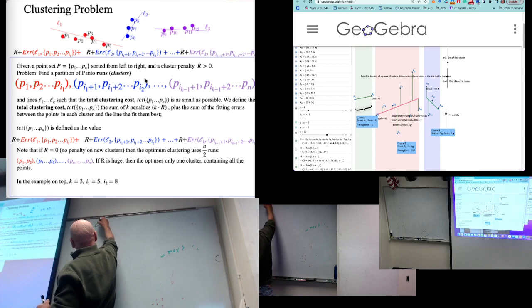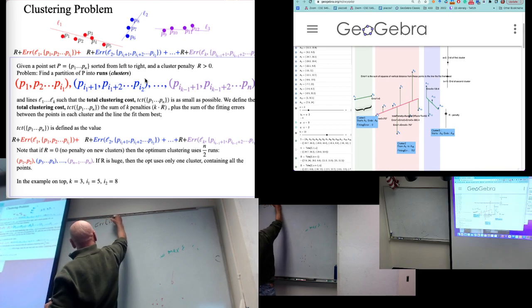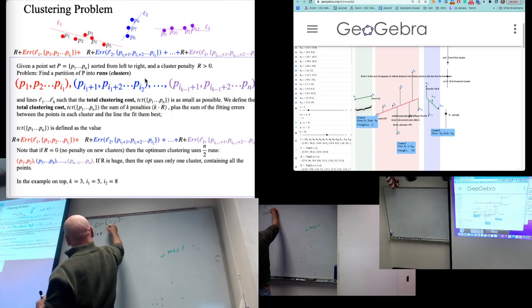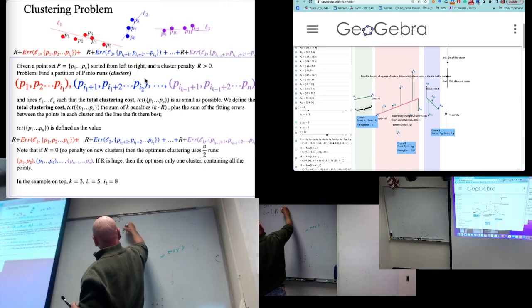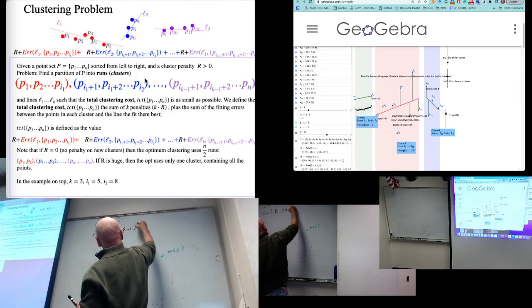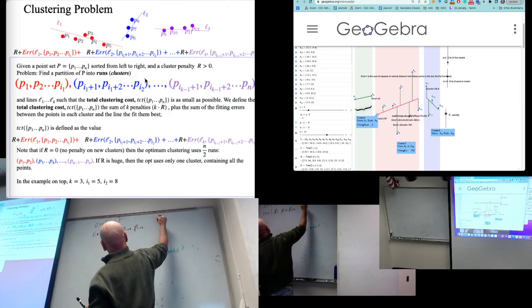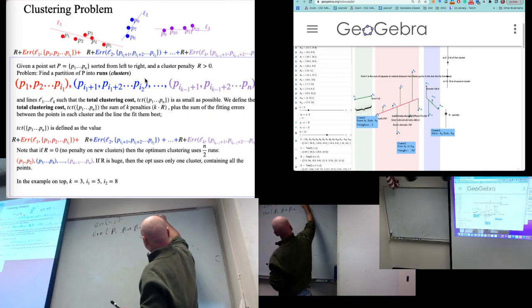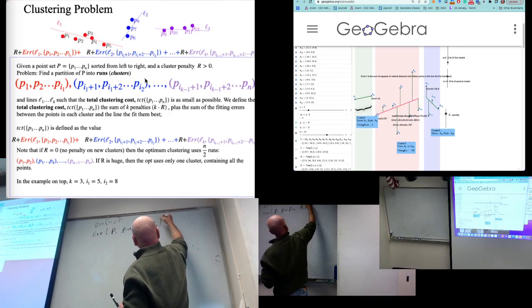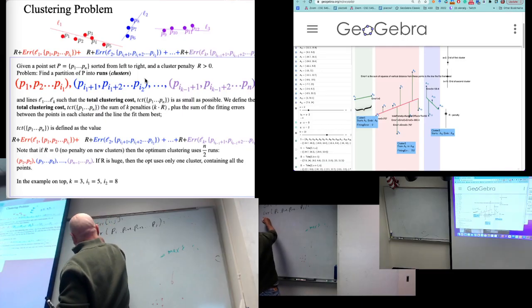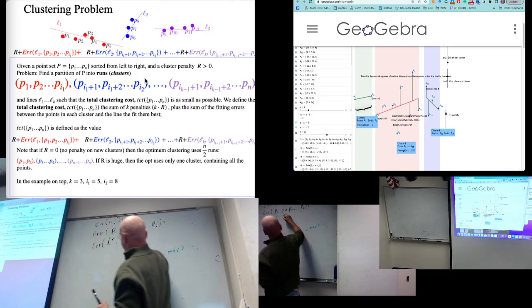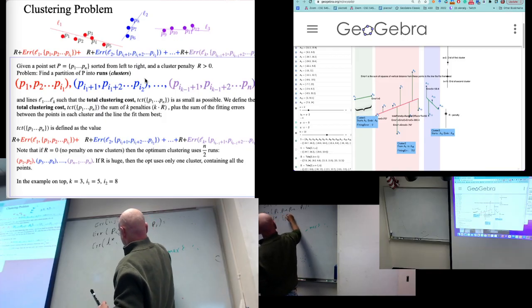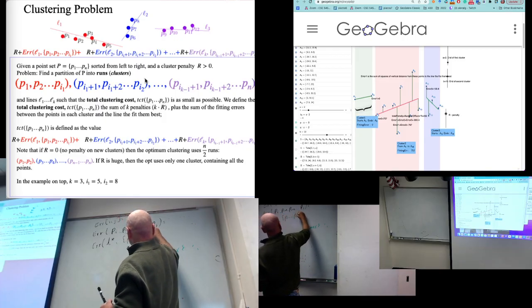We'll use the notation error of i,j, which would be a shorthand for the error of p_{i+1}, p_{i+2}, ..., p_j, which is a shorthand for the error of L optimum of the set p_i to p_j.